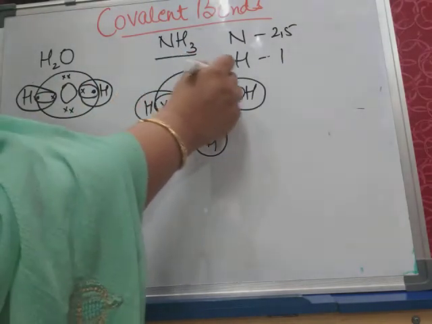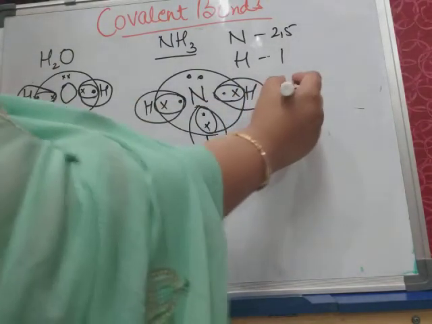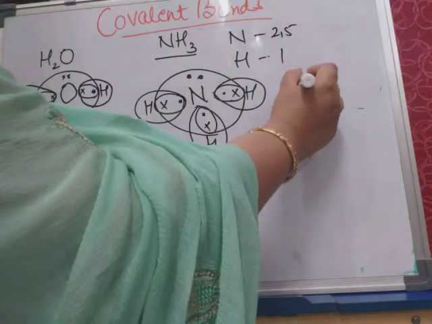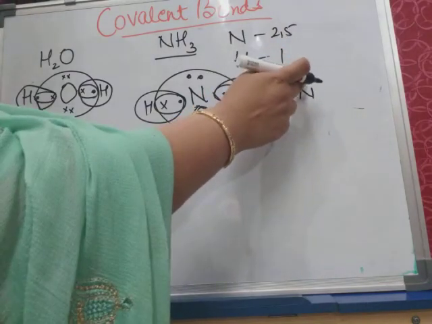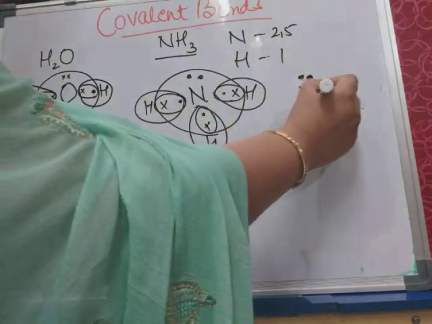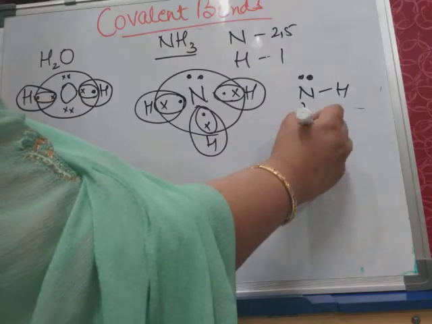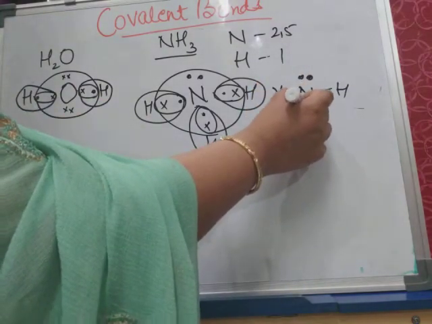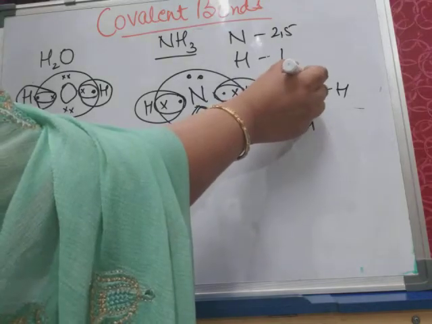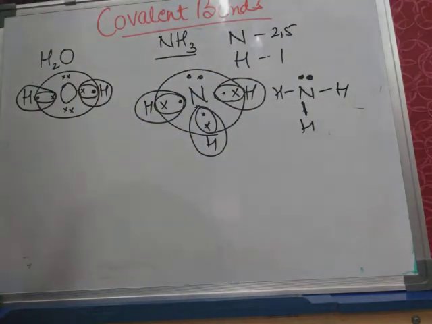It will also become 8. So nitrogen has this, which is called a lone pair of electrons, the pair of electrons which do not participate in bonding. These are the bond pairs which are participating in bonding, and these two are the lone pair of electrons which do not participate in bonding.